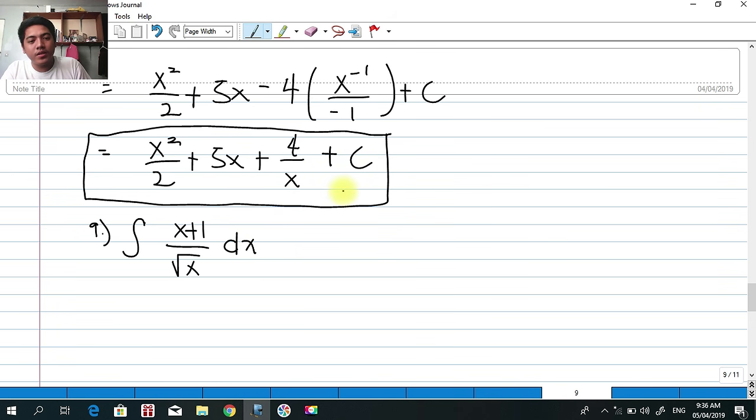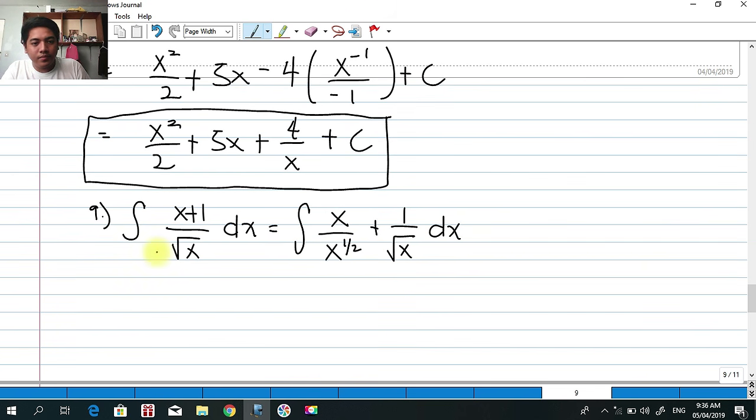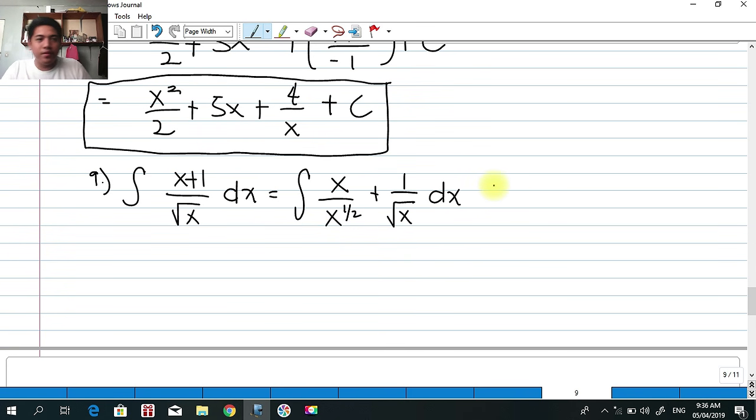Same process: we evaluate the integral by rewriting this as x over x raised to 1 half plus 1 over the square root of x, or x raised to 1 half, dx.